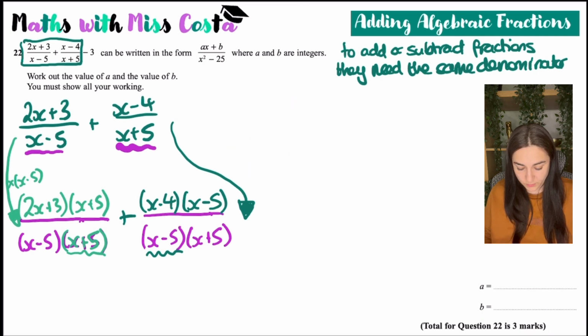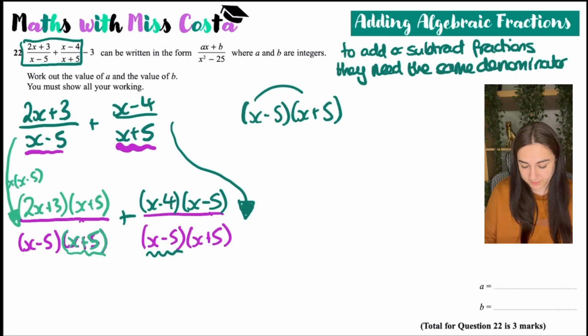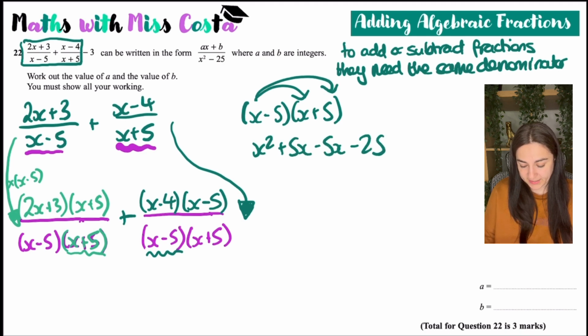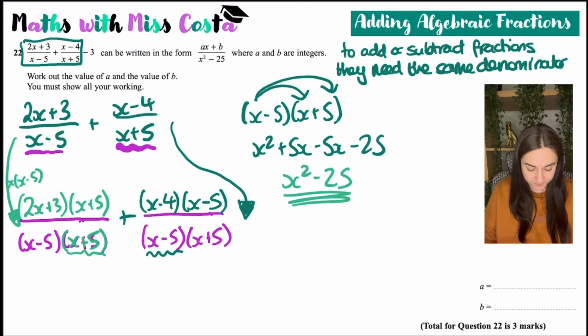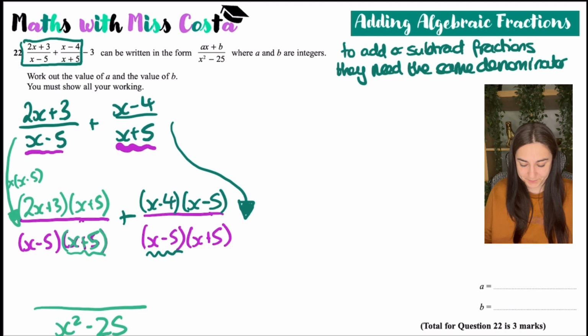What I can do first of all is multiply my denominator. So (x take 5) multiplied by (x plus 5). X times x is x squared, plus 5x minus 5x, and then minus 25. So if I simplified that, that would give me x squared minus 25 is my denominator. And then I'm going to multiply my numerators.